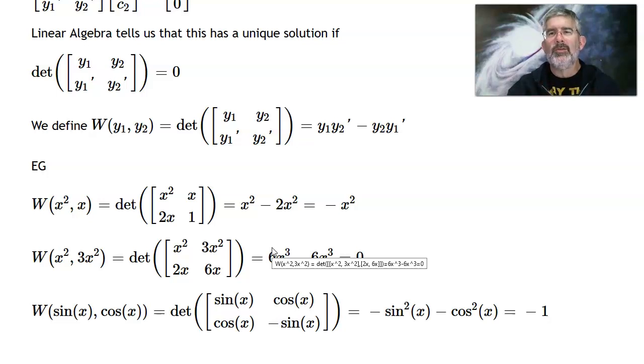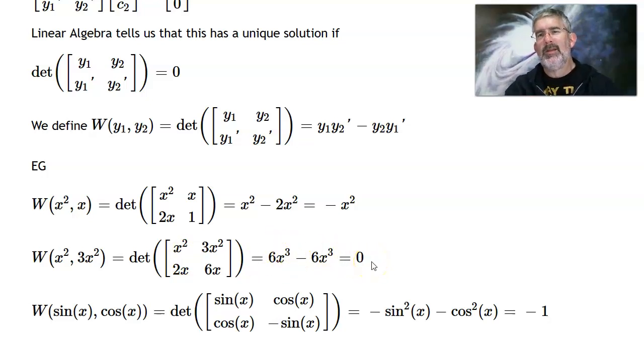But yeah, let's not worry about that here. What we're going to be worried about is just making sure that we get non-zero, because I know that if I get a non-zero Wronskian, the functions are independent, and that's what I'm going to be looking for when I'm solving second-order differential equations. I want to find two independent solutions.